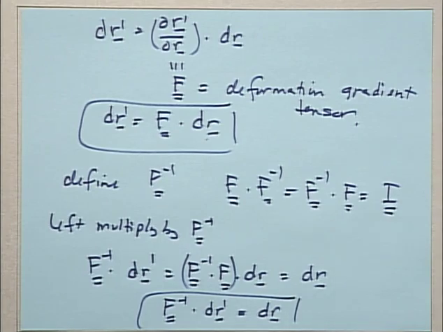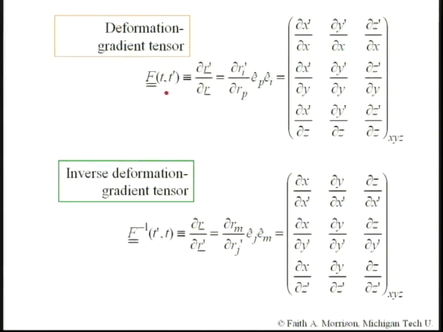So this is what these tensors look like. The deformation gradient tensor f is dr prime over dr. The nomenclature, I admit, is a little bit awkward because I switched from r's to x, y's, and z's, but I want to match the rest of the world. These are position vectors, and so that's why we're used to thinking of positions in terms of x, y, and z.